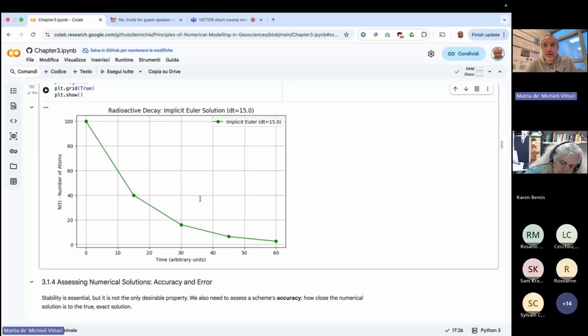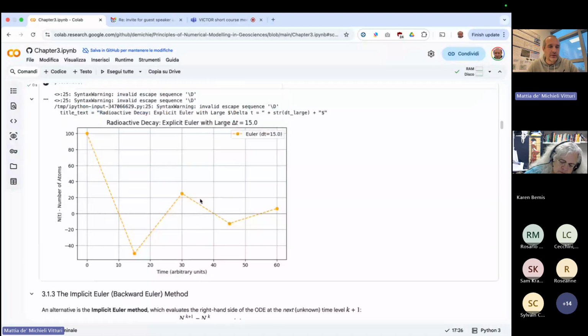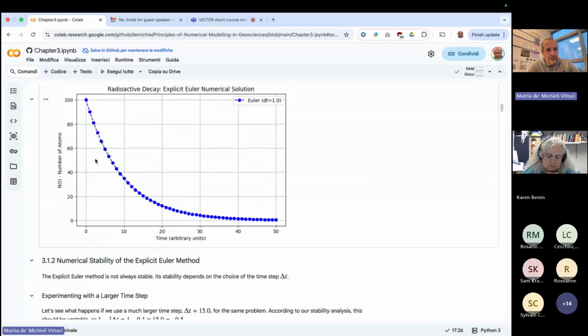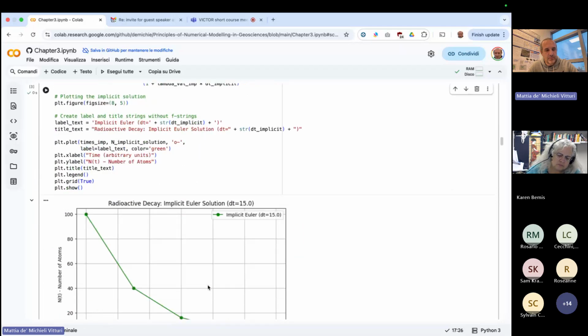It means that the condition of stability is not related to the time step, while the explicit method is called conditionally stable because there are some conditions on the time step for which the method will be stable or not. And we have seen that with delta t equal 1, we had a stable solution. With delta t equal 15, the method becomes unstable.